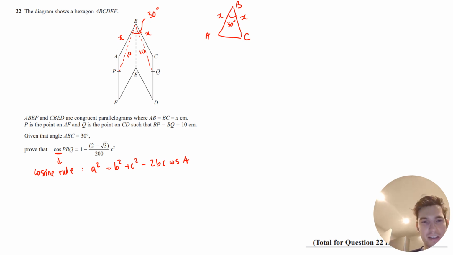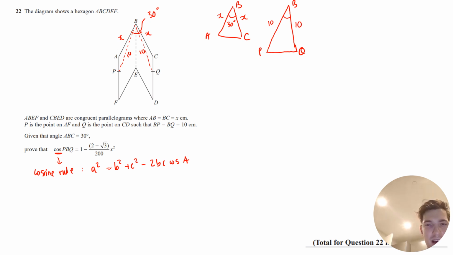Okay, but that's actually not my only triangle because I've also got this other triangle, which is PBQ. So I know my side lengths here, 10 and 10, but I actually don't know this angle here. So I'm going to call this angle theta.